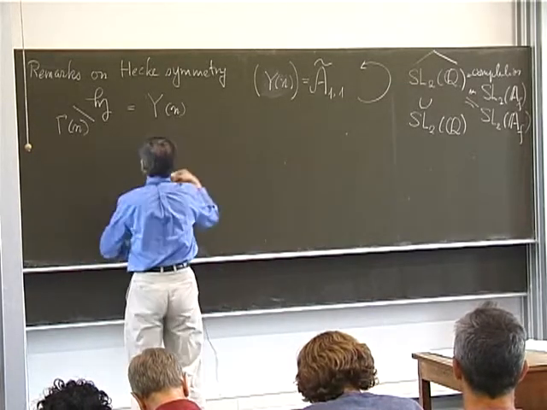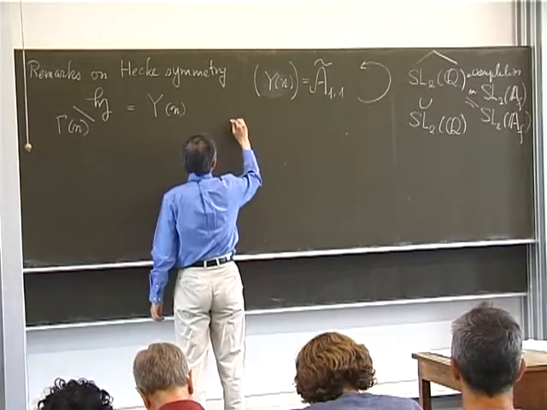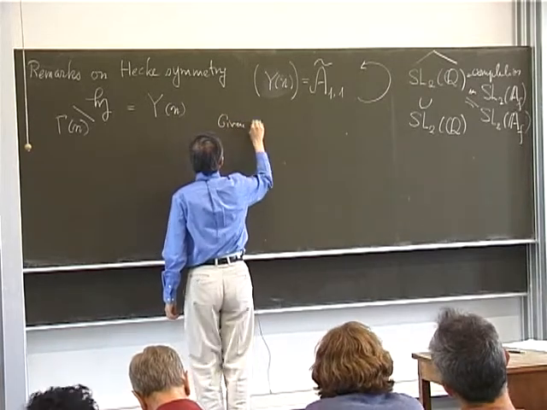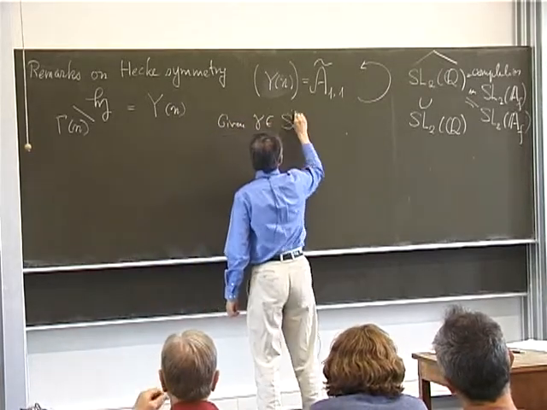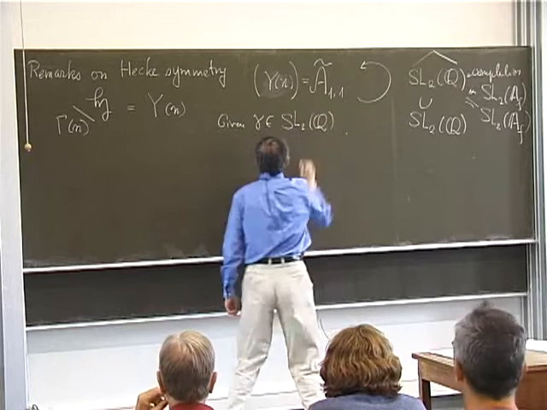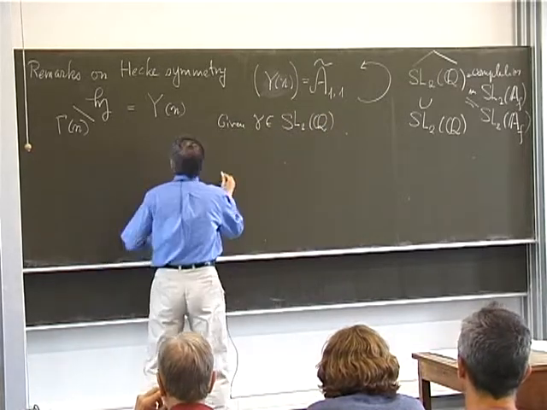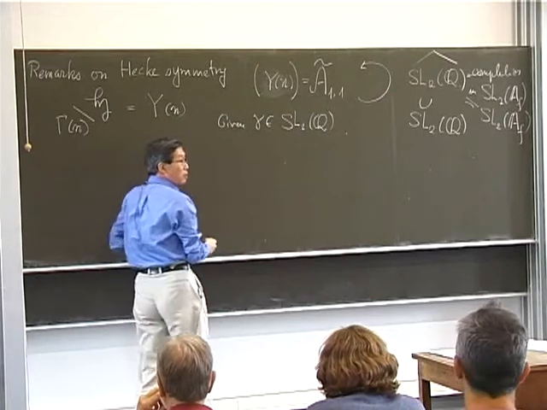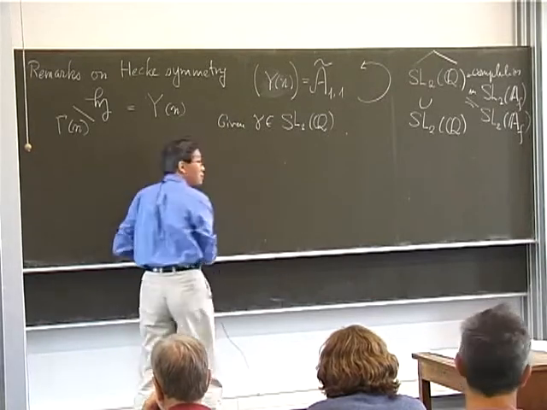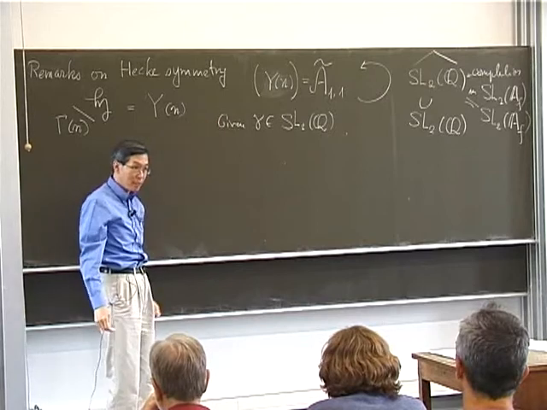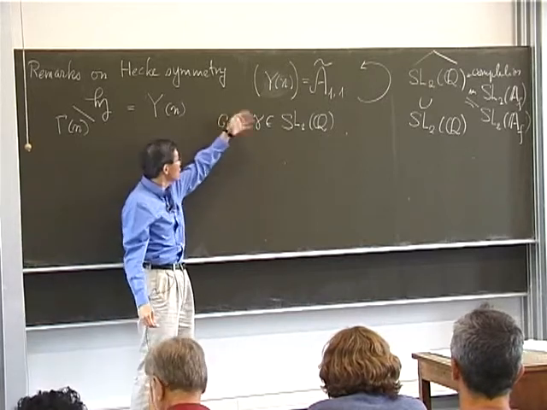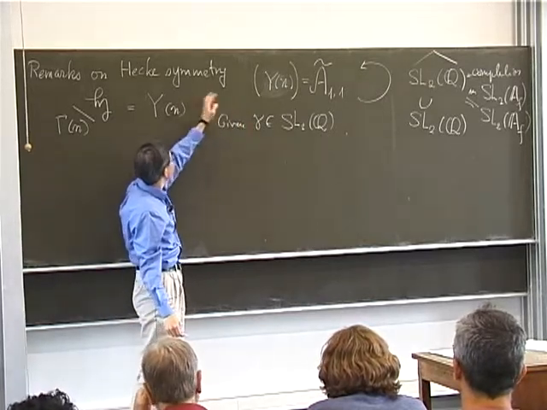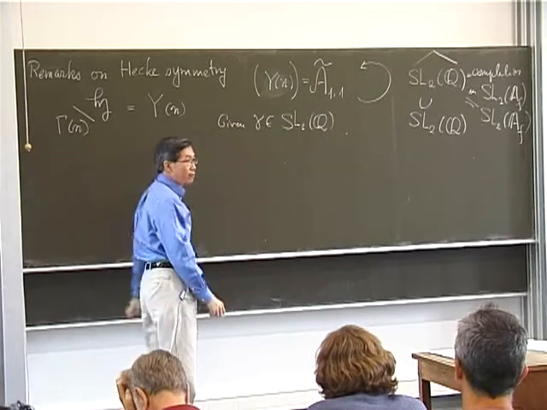Okay, so how does one do it? If I take a given gamma, let's say it's an element of SL2(Q). Now I would like to get something operating on this. But we have a tower, so by definition, a projective system, we're going to get a map from the projective system to itself.